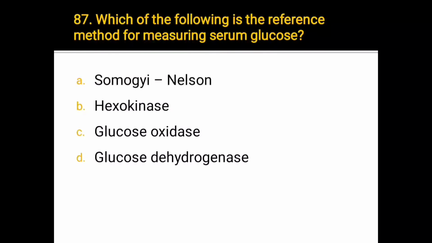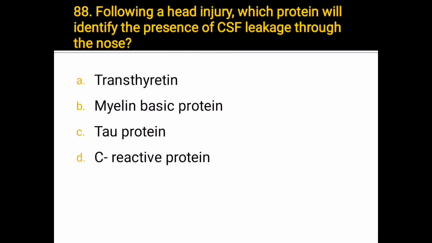Correct answer B. Hexokinase. Following a head injury, which protein will identify the presence of CSF leakage through the nose? A. Transthyretin, B. Myelin basic protein, C. Tau protein, D. C-reactive protein. Correct answer C. Tau protein.